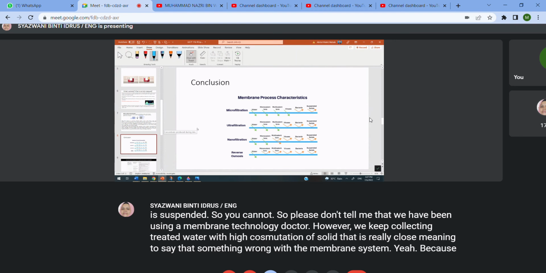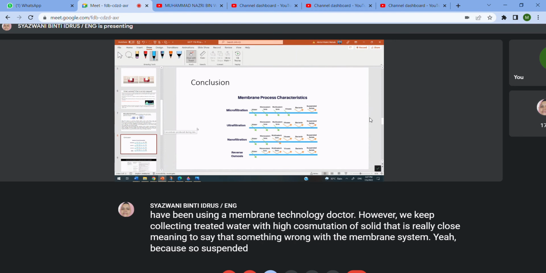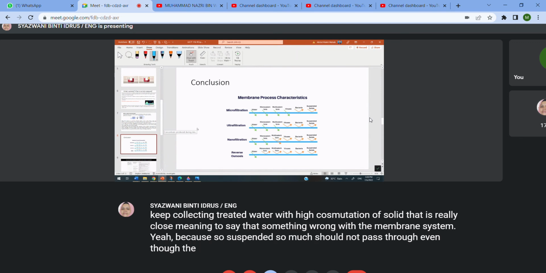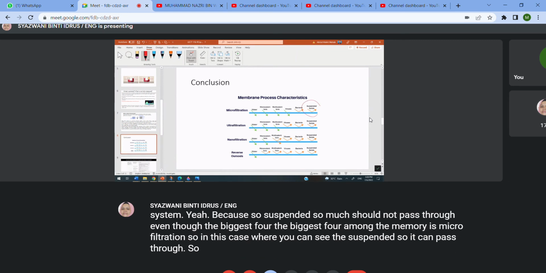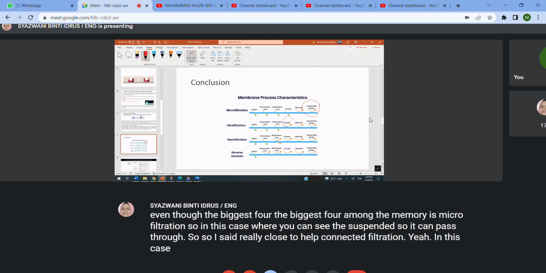Suspended solids should not pass through, even though microfiltration has the biggest pore among the membranes. So it is ridiculous to collect suspended solids in your treated sample or in your permeate. For ultrafiltration, viruses, bacteria, and suspended solids cannot pass through.